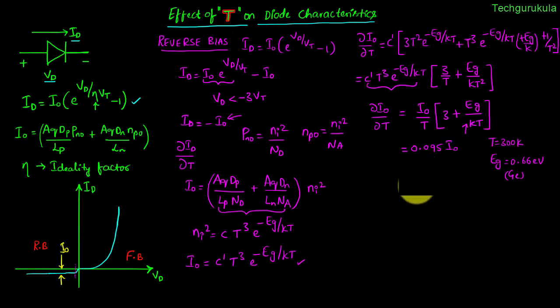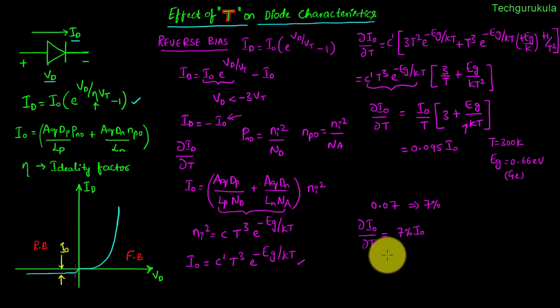But it has been practically found that the rate at which the reverse saturation current increases per degree centigrade for both silicon and germanium is 0.07, which means 7%. We can say that del I0 over del T is equal to 7% of I0, which tells us that the reverse saturation current increases by 7% per degree centigrade.